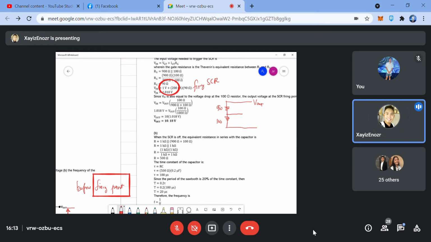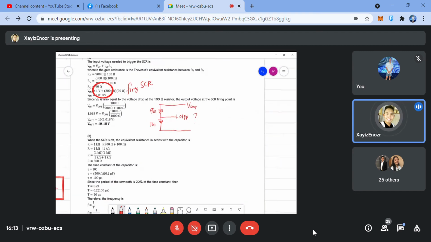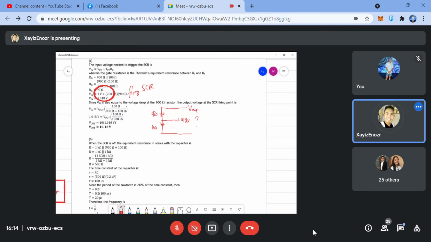Okay. Ito yung Vout. Ano daw yung Vout na to? Alam naman natin na yung voltahe rito is 1.018 volts. Tama ba? So, paano mo ngayon nahanapin si Vout? Yung voltahe dito sa may gitna is 1.018 volts. So, using voltage divider, okay? Paano mo hanapin yan?